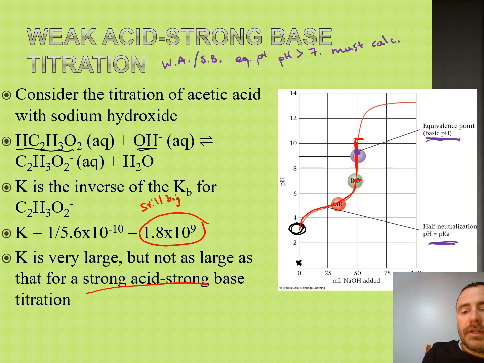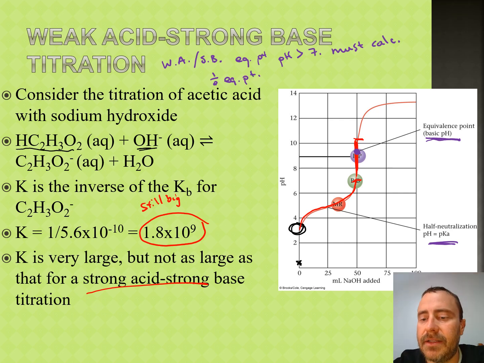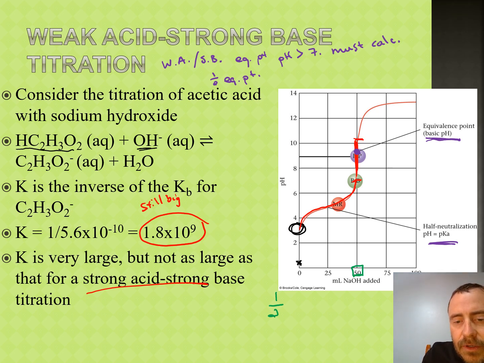Now, at what we call half neutralization, or halfway to the equivalence point, say that the equivalence point happens when we added in 50 milliliters of NaOH, then half of 50 would be when we added in 25 mils.